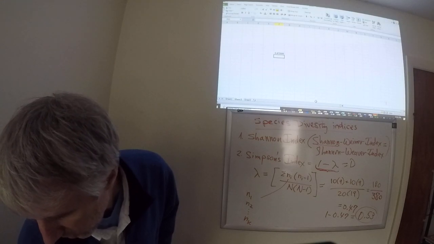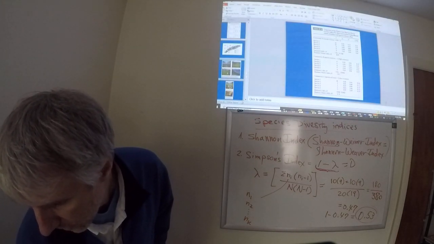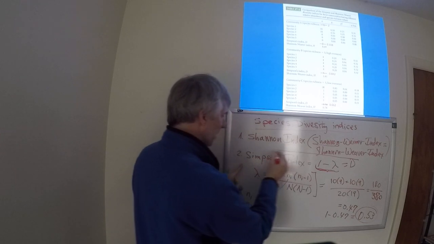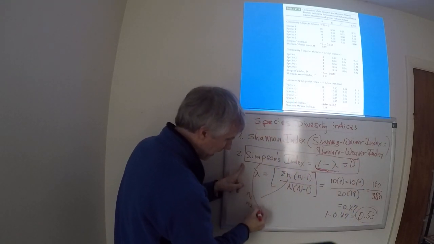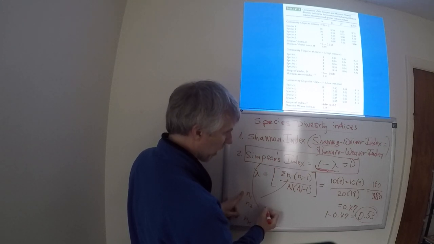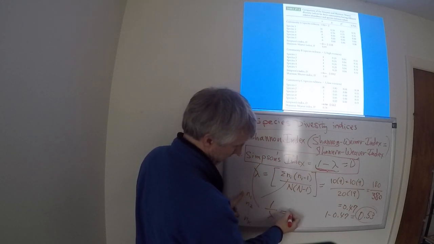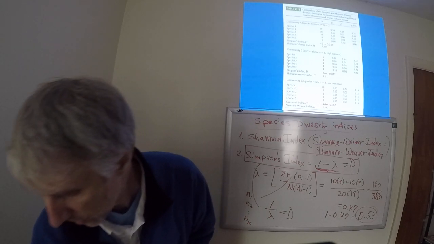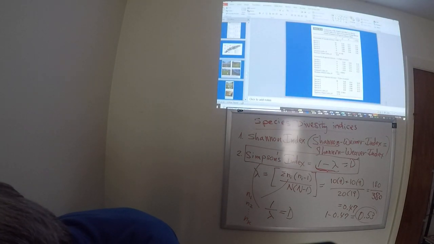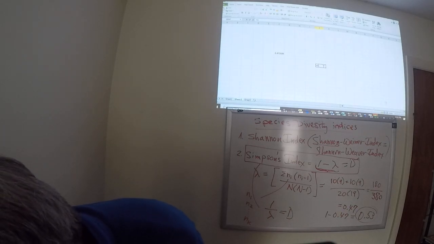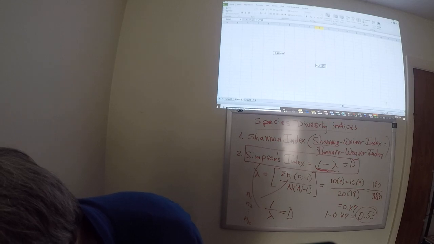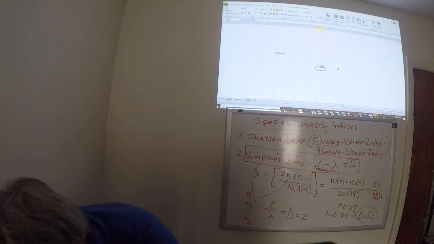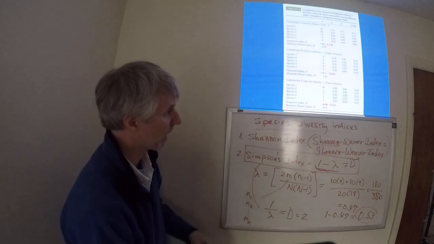Looks like in the table they're reporting the other way to refer to D. I'm going to use this index, but Simpson's index can also be represented like this. 1 over lambda equals D. So the reciprocal of 0.53 equals 1 divided by that value here is roughly 2, which is what we have in our figure.